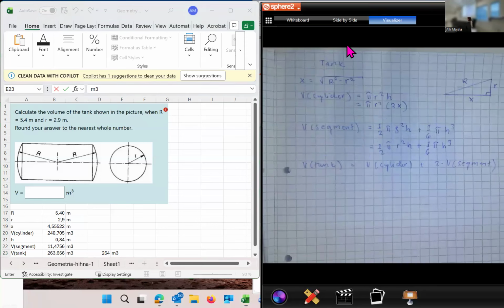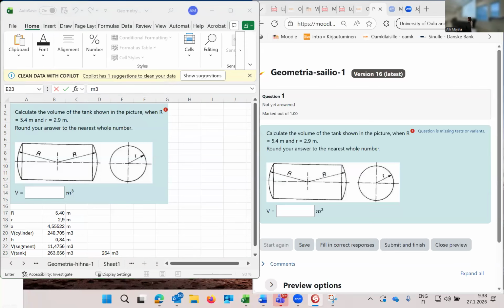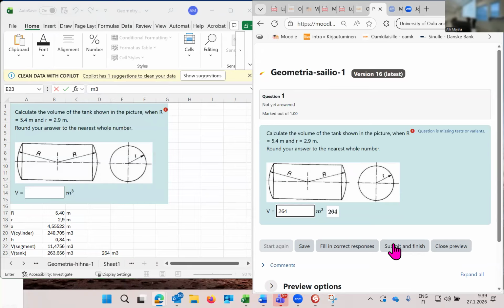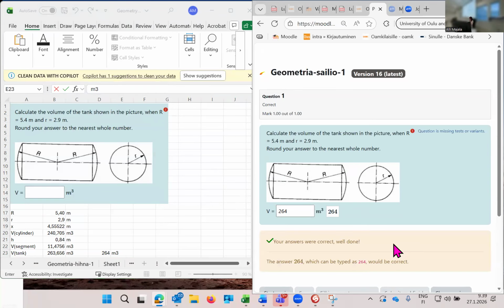And let's put it there. That wasn't too bad of a calculation, yeah.